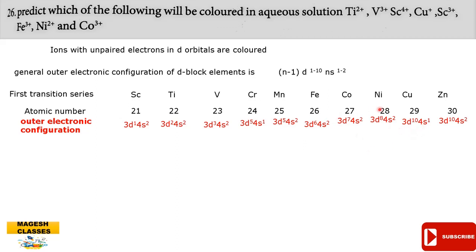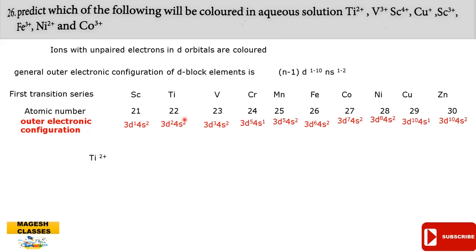But here, neutral atoms are given. We have to convert them into ions such as Ti2+, and find out the number of unpaired electrons present. The first one is titanium 2+. It is formed from titanium by losing 2 electrons from the outer shell.